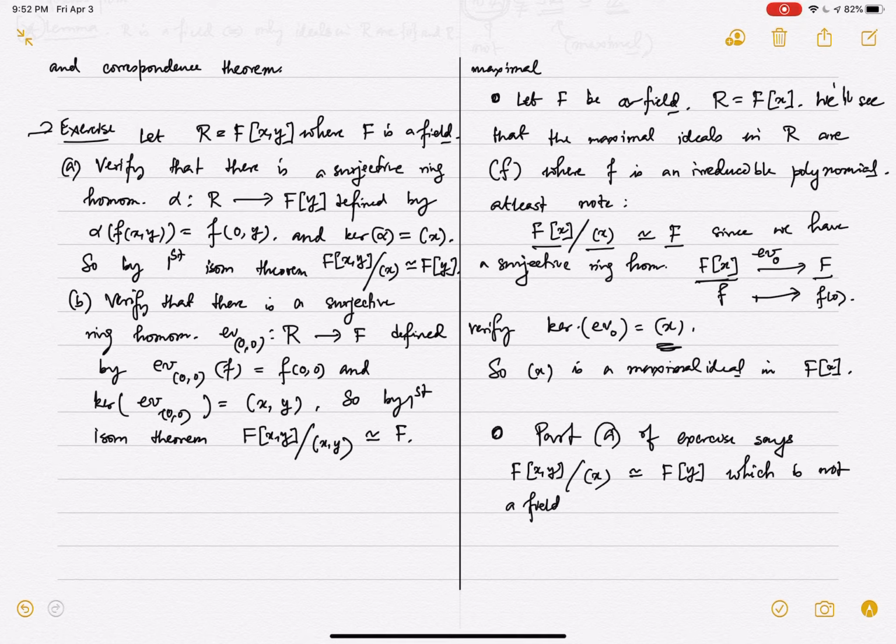There are plenty of things in the one-variable polynomial ring that are not invertible, like y. Yeah, so (x) is not a maximal ideal in F[x,y].